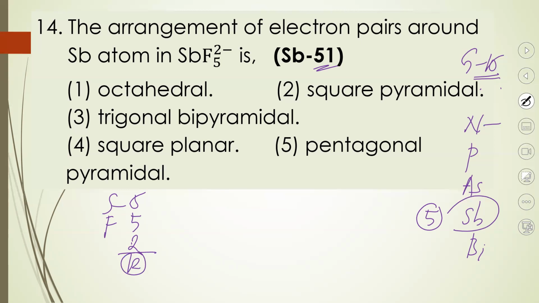There are 12 electrons. So if you divide by 2, you'll be able to find the electron pair geometry. That is the question part, isn't it? The arrangement of electron pairs, that is what we call electron pair geometry. So if it is 6, the electron pair geometry is octahedral. So that is the answer.